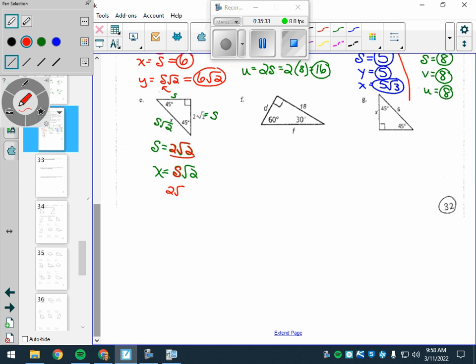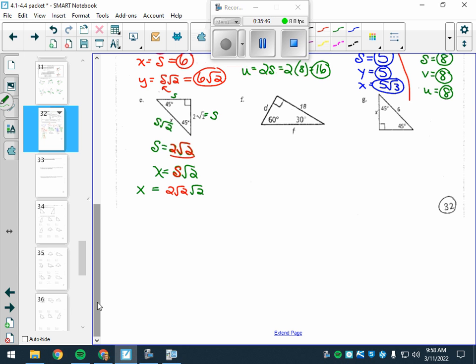So 2 root 2 times root 2 is actually what x equals. Did you follow that? Remember, every line is exactly equal to the line before it. So we're just basically doing the substitution method here. If s is equal to 2 root 2, anywhere there's an s, I can replace it with 2 root 2.